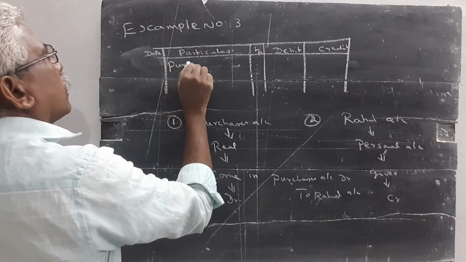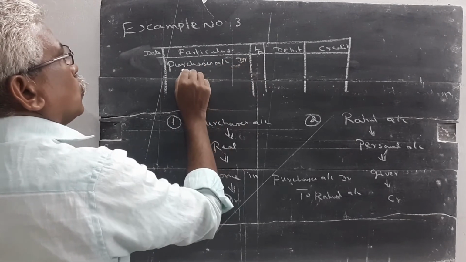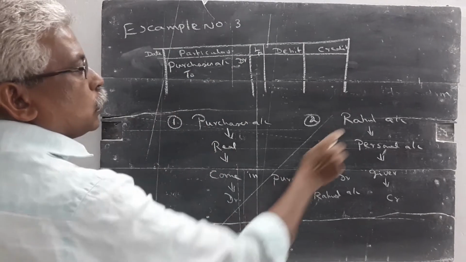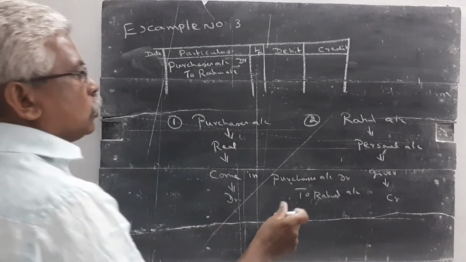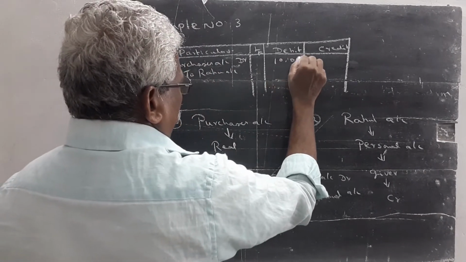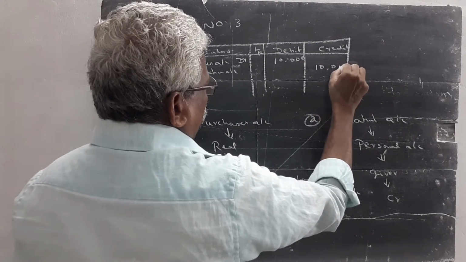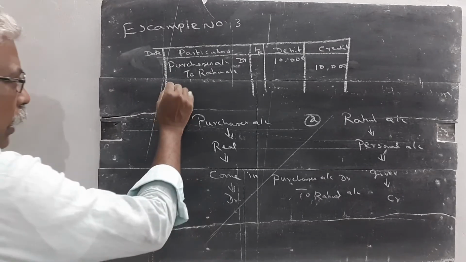Purchases account debtor. To, leave some space here, to Rahul account. Amount on credit rupees 10,000. In both the columns, the debit column as well as the credit column, you will write. Then here you write the narration.